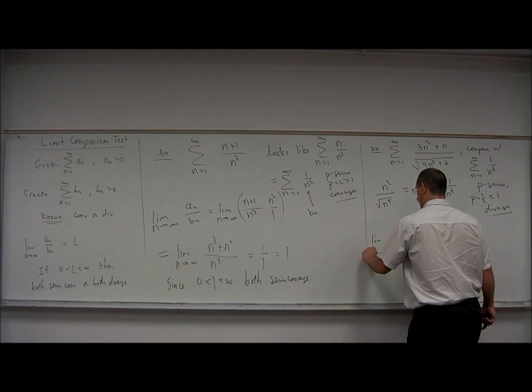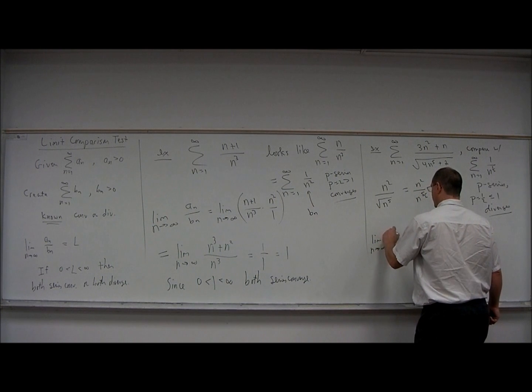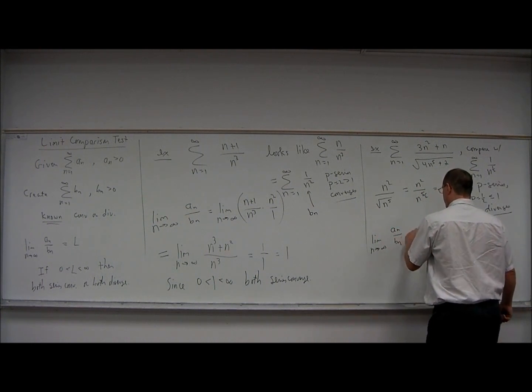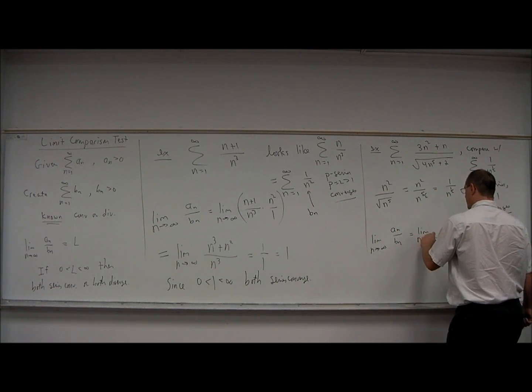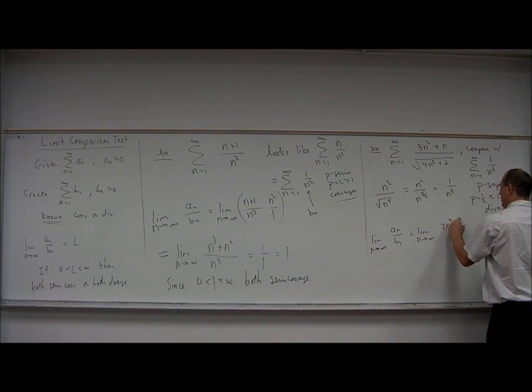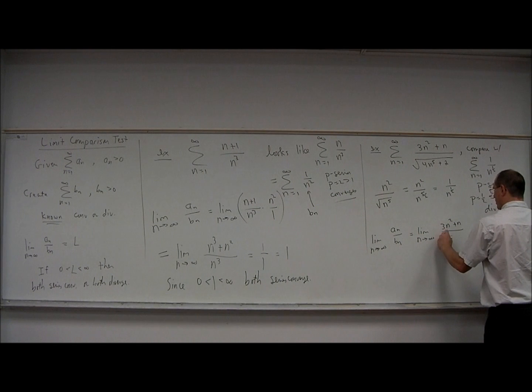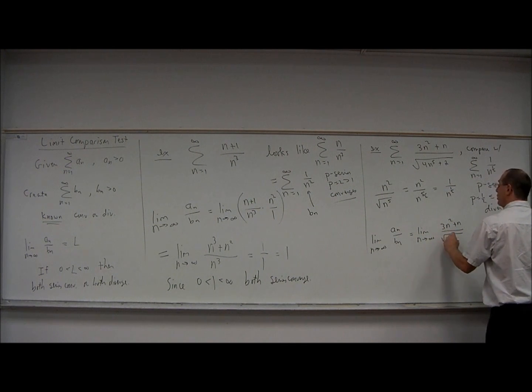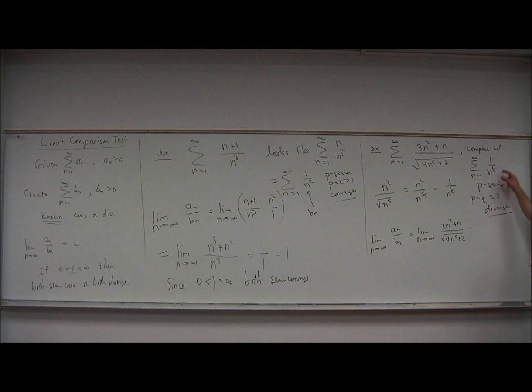The limit as n goes to infinity of an over bn is equal to the limit as n goes to infinity of 3n squared plus n over the square root of 4n to the 5th plus 2 times the reciprocal of bn. I'm going to write it as the square root of n over 1, n to the 1 half. Let's put it in the format of the square root of n.